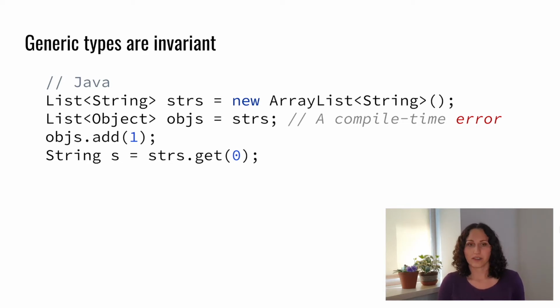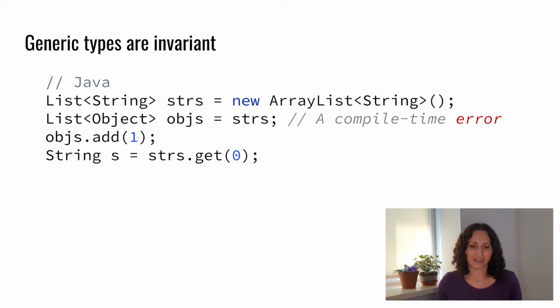The most important thing here are different types which we can try to use with your generic class or interface. Generic types are invariant. That means that list of string isn't a subtype of list of object.